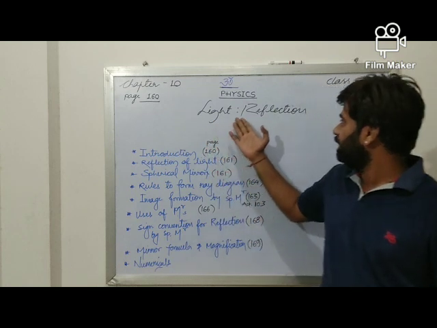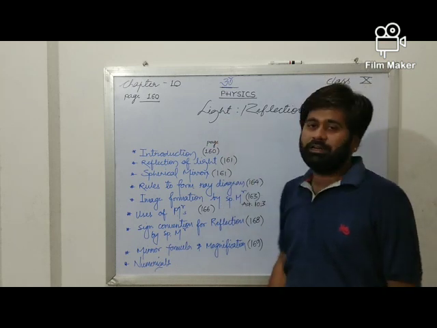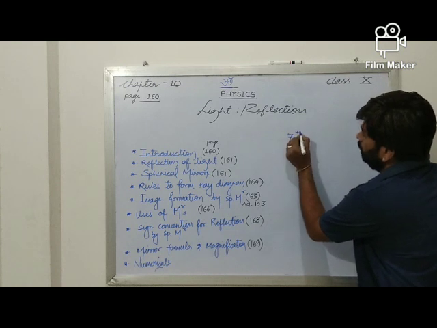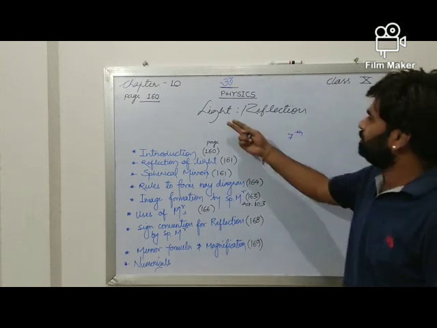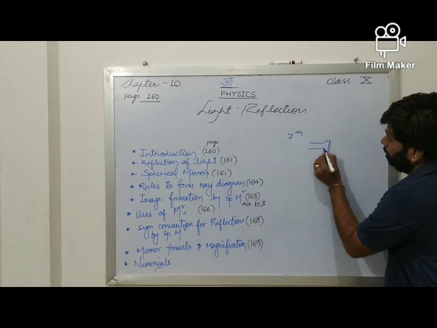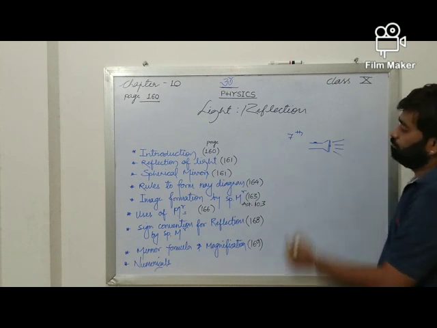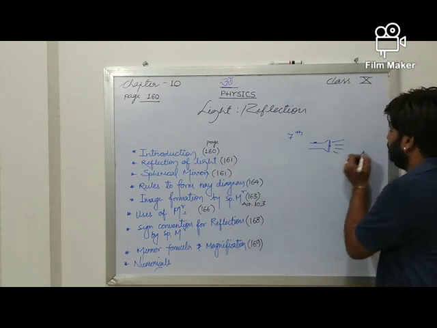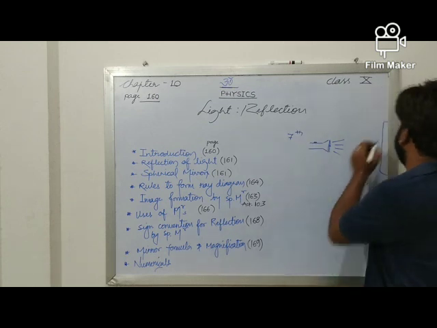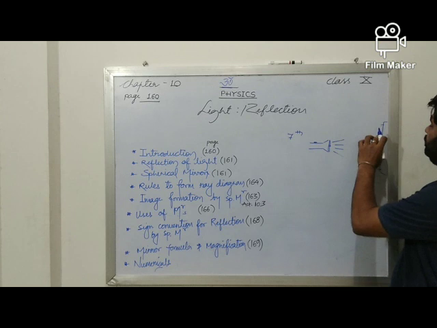Before this, let us take a brief look at our previous classes. From which class had we started such a chapter with the term light? In our seventh class, we had a little bit about this, like a torch: when we switch it on, the light comes out, and if we incident this light over a particular wall, we see a spot, which was the visible area.